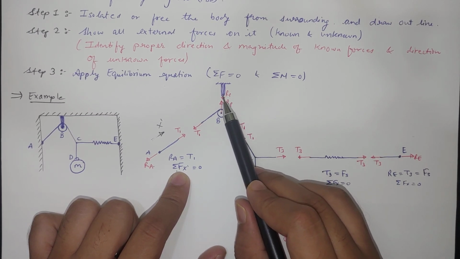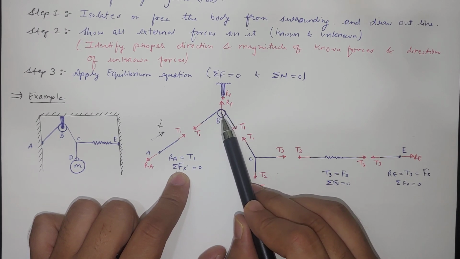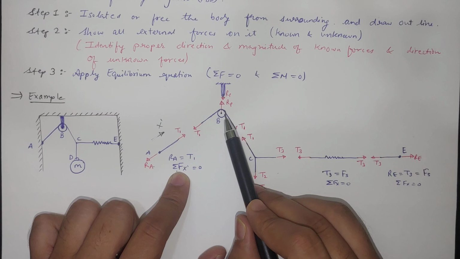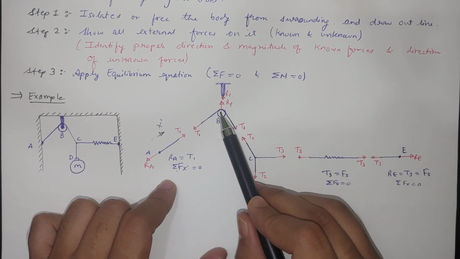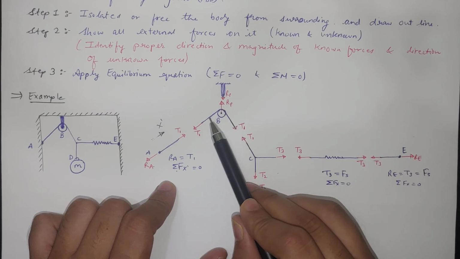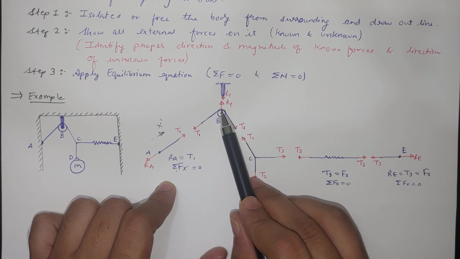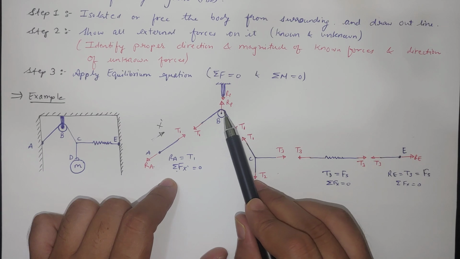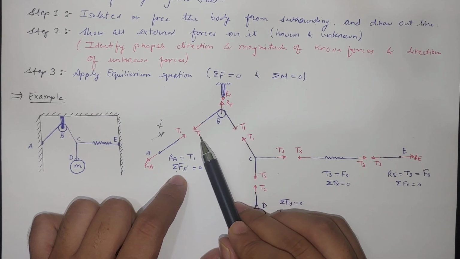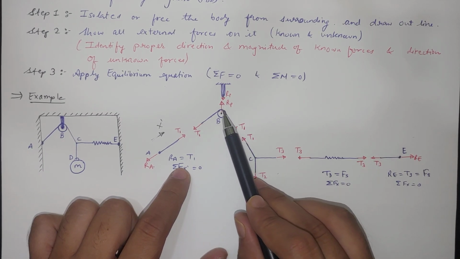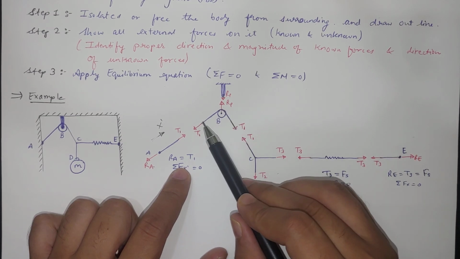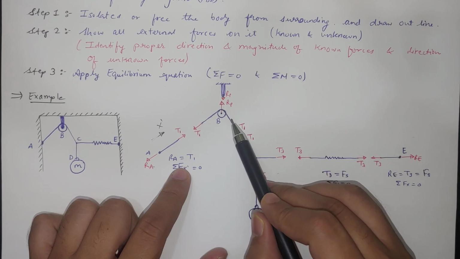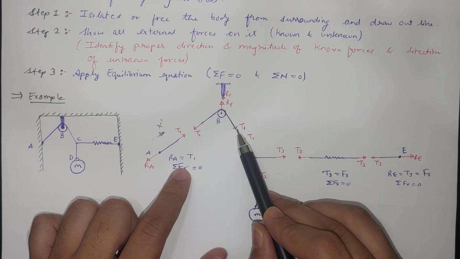The force on the member is downward due to the weight, and upward due to this member, so in the pulley there will be an upward force RP. The tension in the rope will be in this direction, and there is one on the other side. That tension will be equal to this tension, because the rope is connected without any other force. So T1 is transferred through the pulley to the other side, and here also there will be T1.